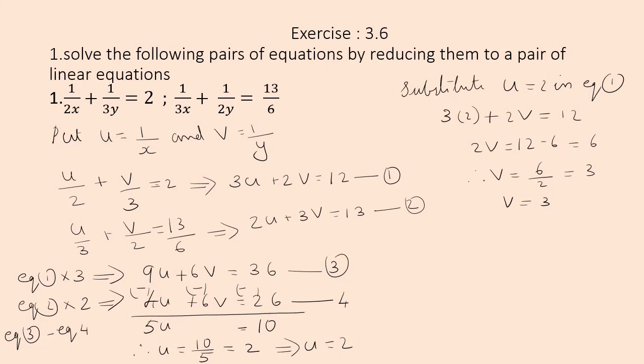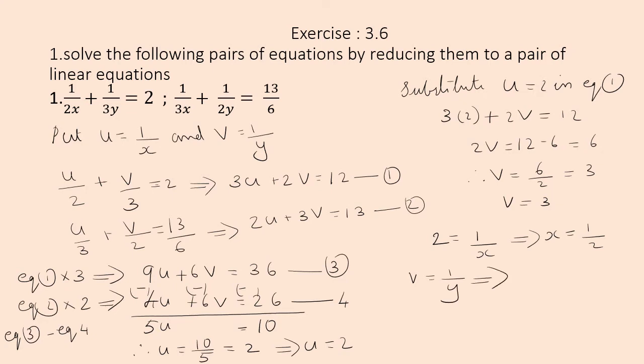We have taken u equal to 1 upon x. So we have got 2 equal to 1 upon x, and therefore x equal to 1 upon 2. Do the cross multiplication. Now again, it is given v equal to 1 upon y.